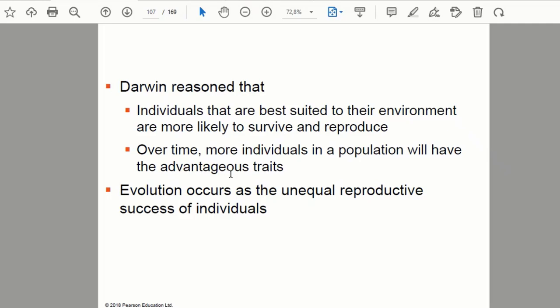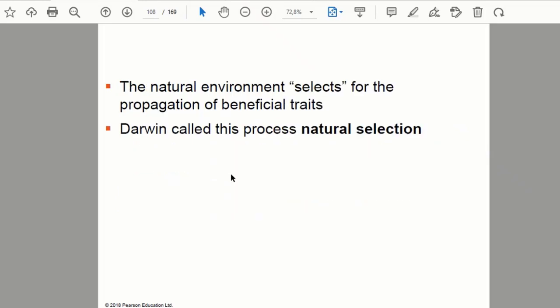Therefore, evolution occurs through unequal reproductive success of individuals. It's not equal; there's no equity, because the one who has more advantageous or stronger traits is the one who will survive and pass on their traits to the future. Then the natural environment selects the propagation of beneficial traits.